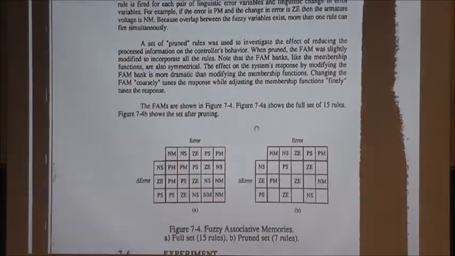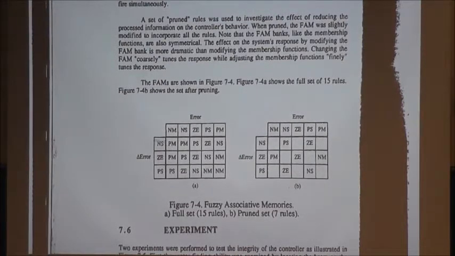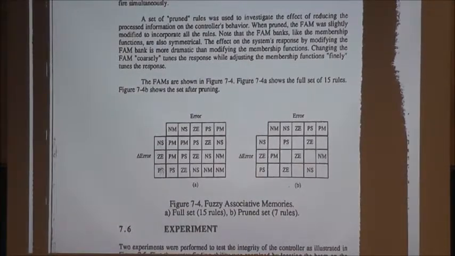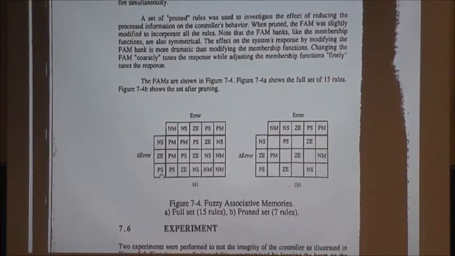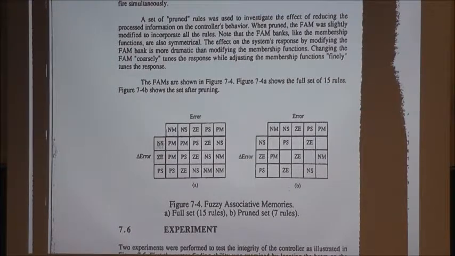And then you have here what we call fuzzy associated memories, FAM, F-A-M. You have 3 membership functions for the change of error and 5 membership functions for the error.